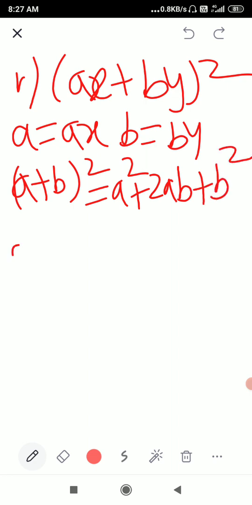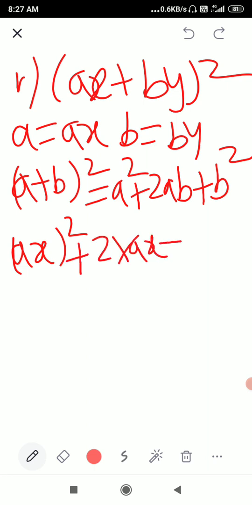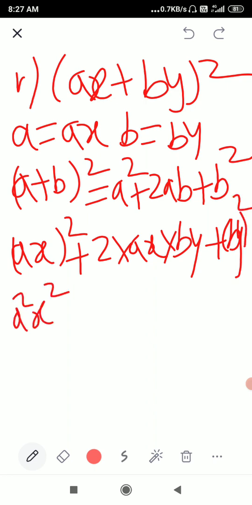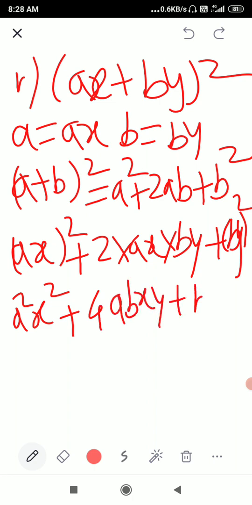Now (ax) square, a square x square, plus 2 into ax into by, plus (by) square. That is a square x square plus 2abxy plus b square y square. It is the fifth one.